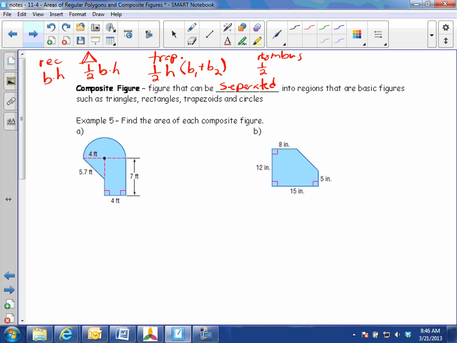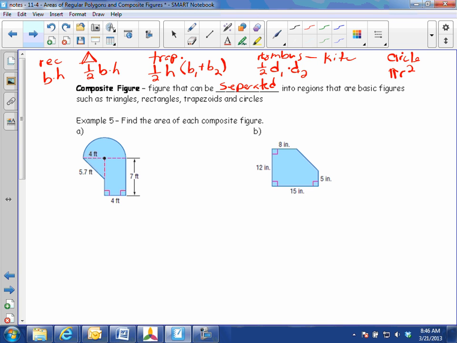One half times diagonal 1 times diagonal 2. Good. And then we just have circle and square. A square is the same as a rectangle.